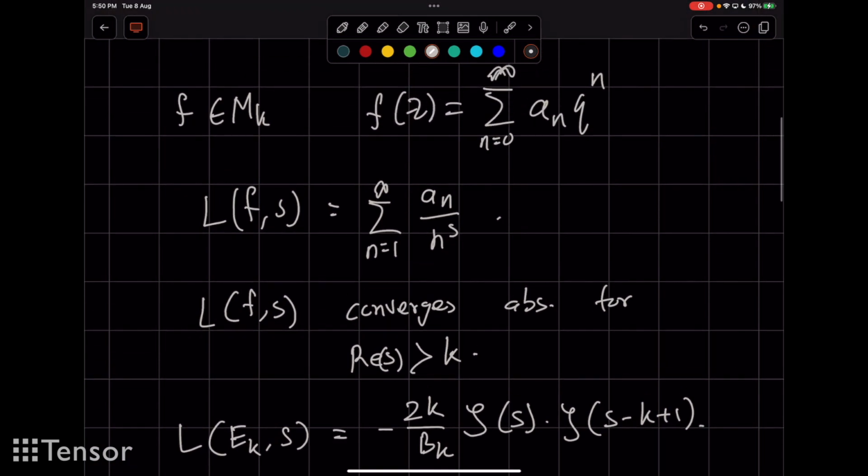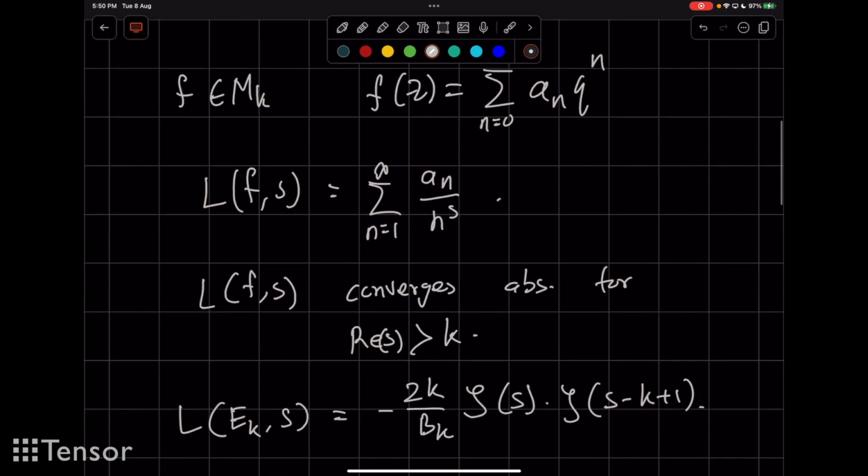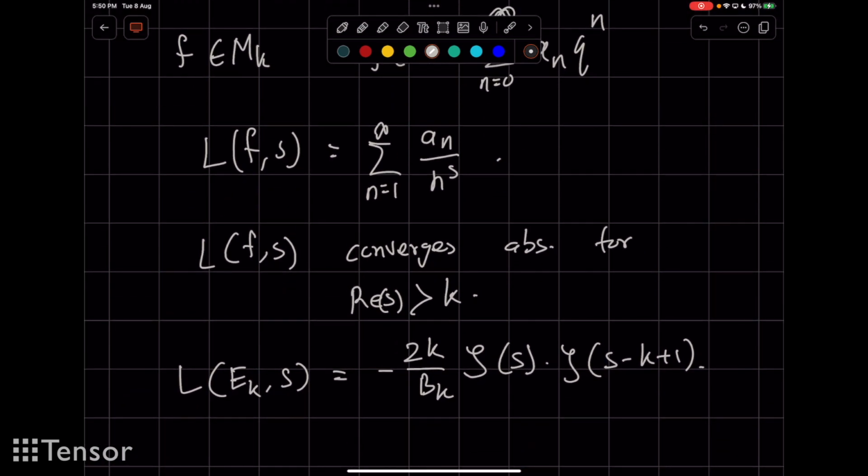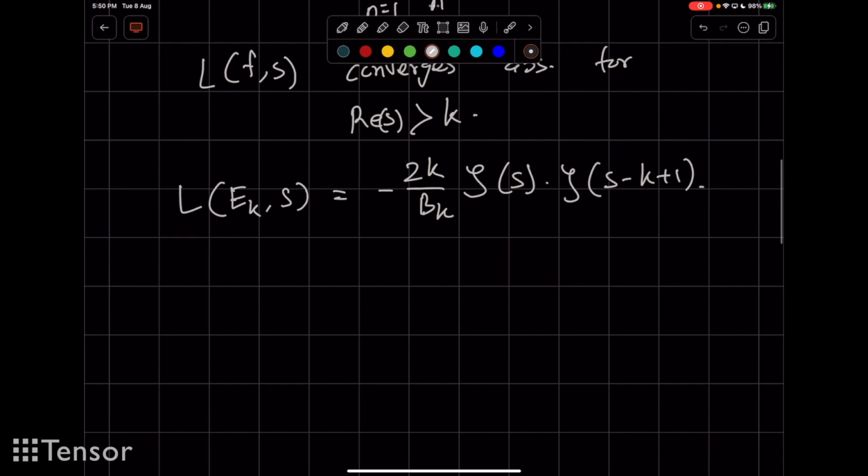So we have a hint that the L function probably has some deep connection with the zeta function. And last time we saw a theorem which we did not prove, but today we're going to prove that theorem.